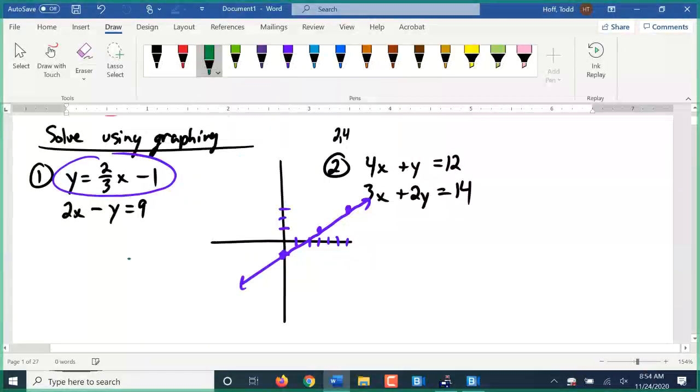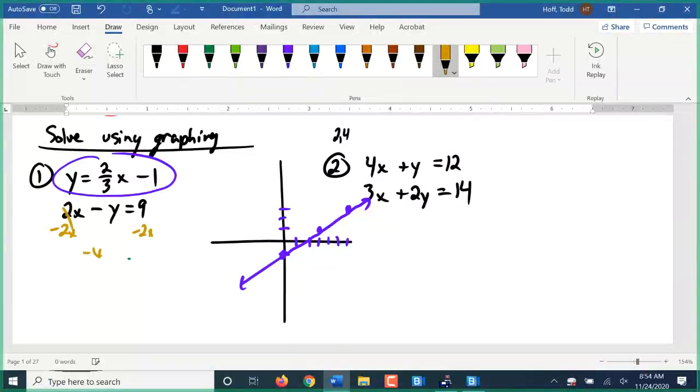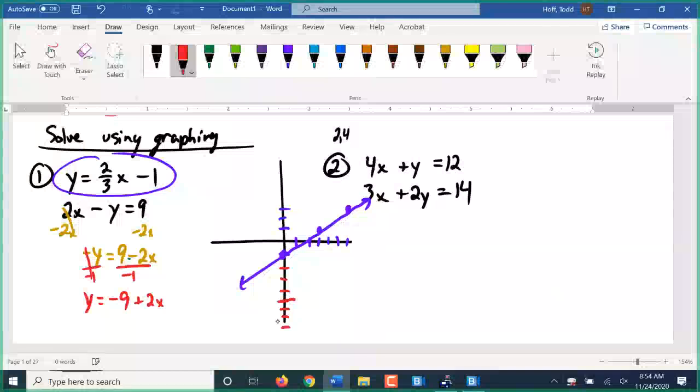Second equation here, we have to do a little work. We're going to have to subtract 2x from both sides. -y equals 9 minus 2x. And we'll divide by -1 to get y by itself. Y equals -9 plus 2x. So that one starts down here at -9.